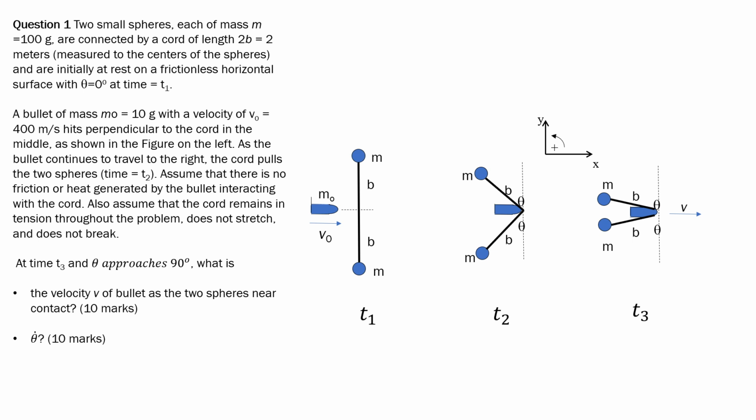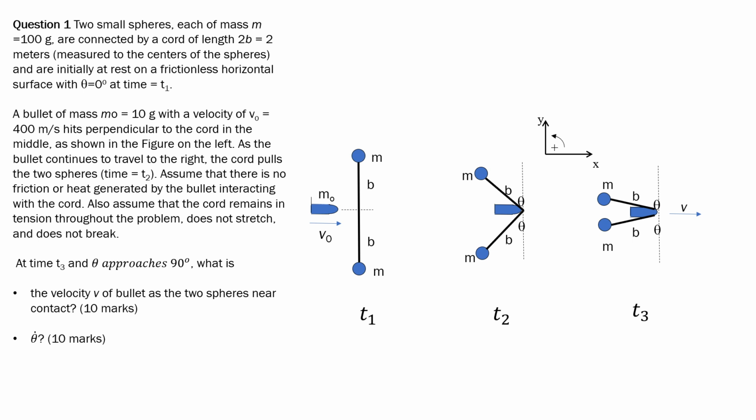Two small spheres, each of mass 100 grams, are connected to a cord of length 2b. B is 1 meter, measured from the center of the spheres, and it's initially at rest on a horizontal surface at theta equals 0 degrees and time equals t1. A bullet of mass m0 equals 10 grams with a velocity of 400 meters per second hits perpendicular to the cord in the middle, as shown in the figure on the left.